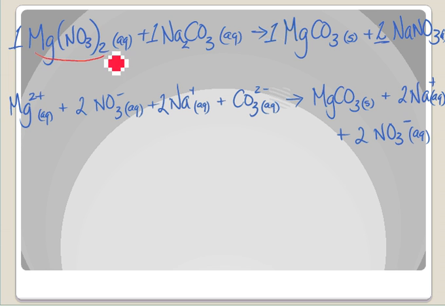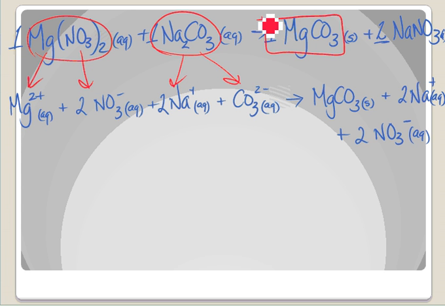So again, to recap, this one dissociates into its two ions. This one dissociates into its two ions. This one stays as is, and this one dissociates into its two ions.